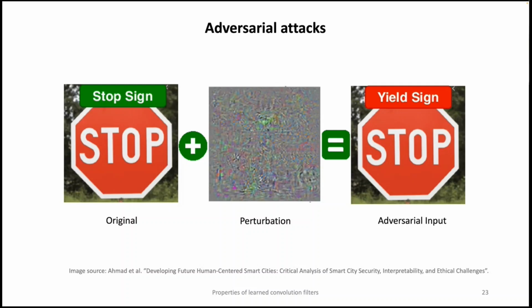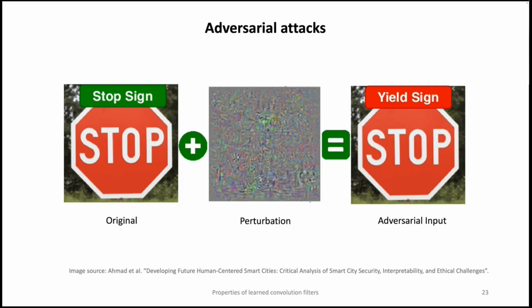Adversarial attacks are attacks on the input images such that they fool the network to generate an entirely different output. For example, let's say you have a self-driving car and it wants to recognize street signs. If you show it a stop sign and you train your model, it works well, it will recognize that stop sign.